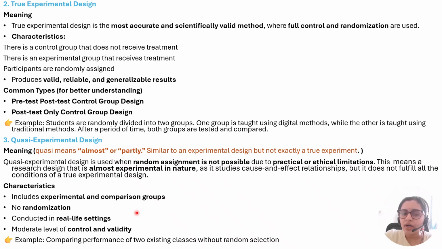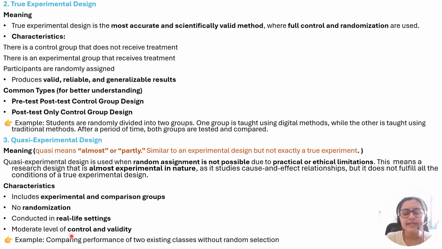But what is not making it a true experiment? Randomization. Randomization is not there. And full control and validity is not there. That's why it is called quasi-experimental design. That means quasi means partly or almost.